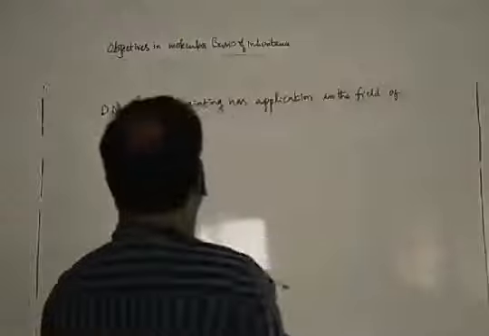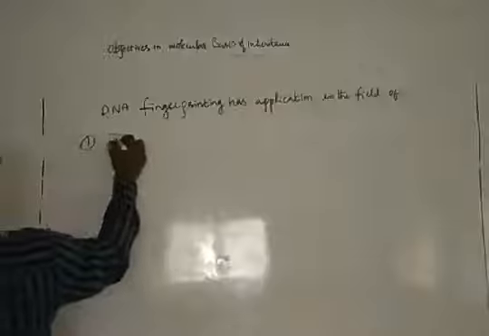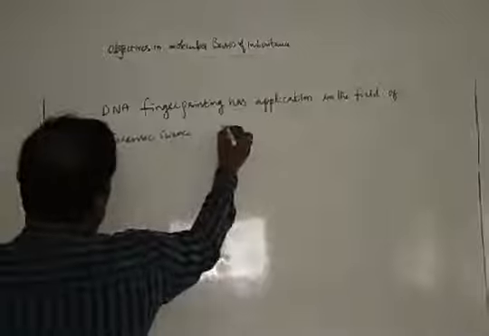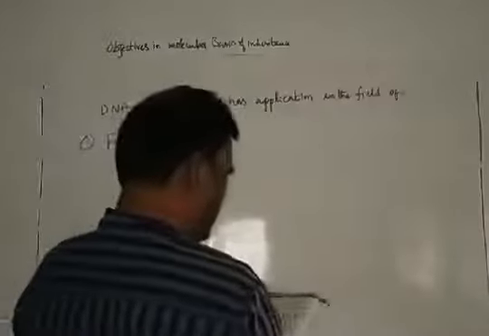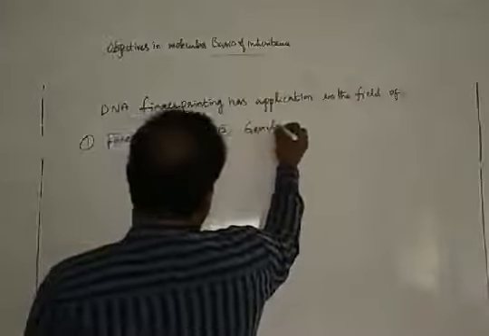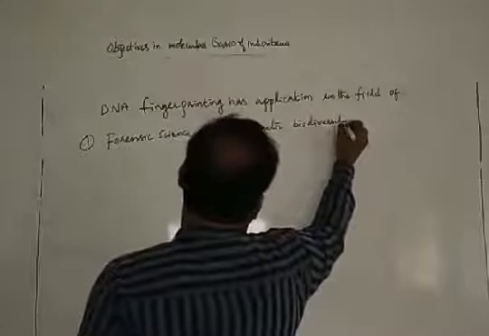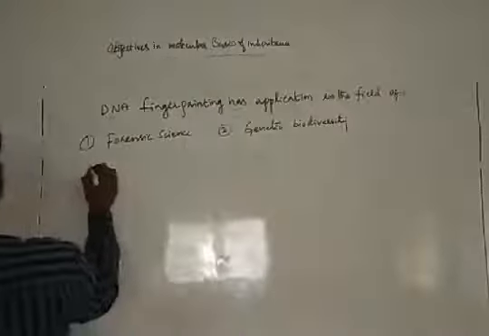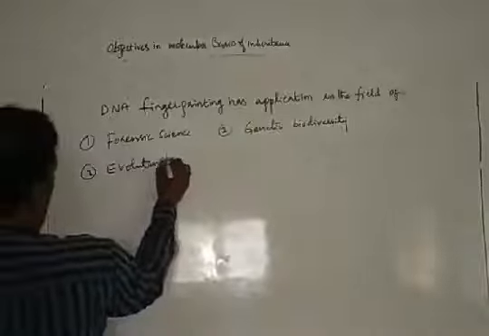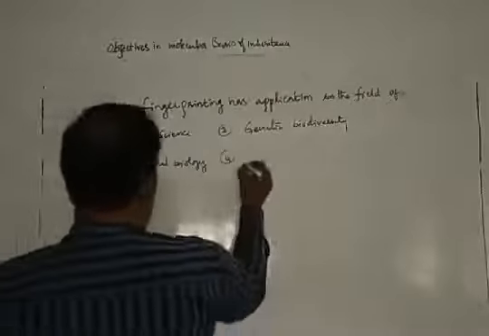DNA fingerprinting is used in: first option forensic science, second option genetic biodiversity, third option evolutionary biology, fourth option all the above.